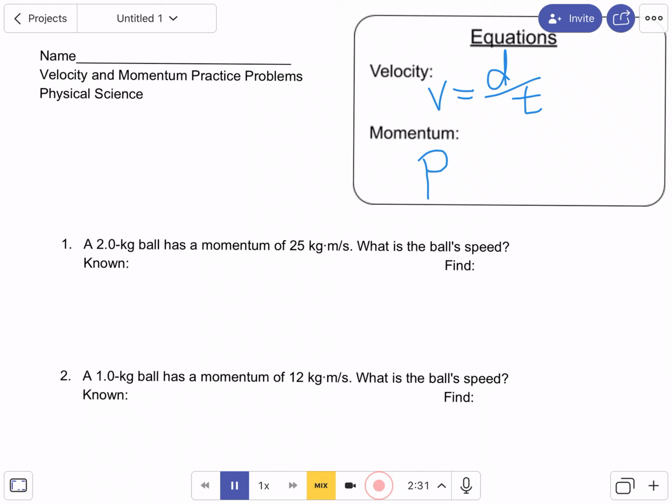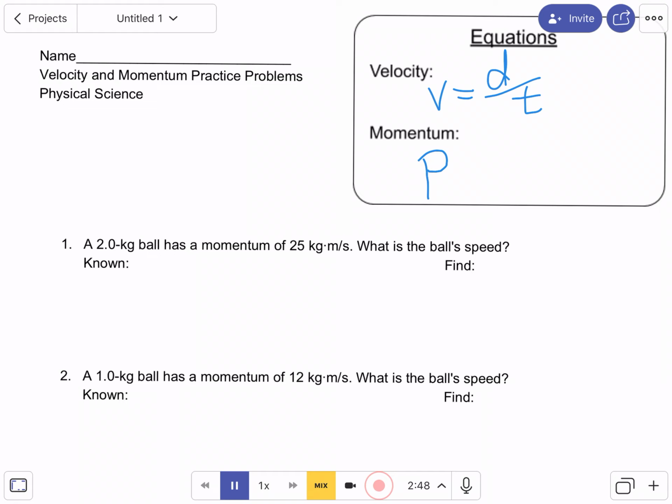So it comes from the term Principia Mathematica, which is a writing done by Isaac Newton where he first described the idea of momentum. So they named it after that, Principia, as a p, because nothing else was p yet.